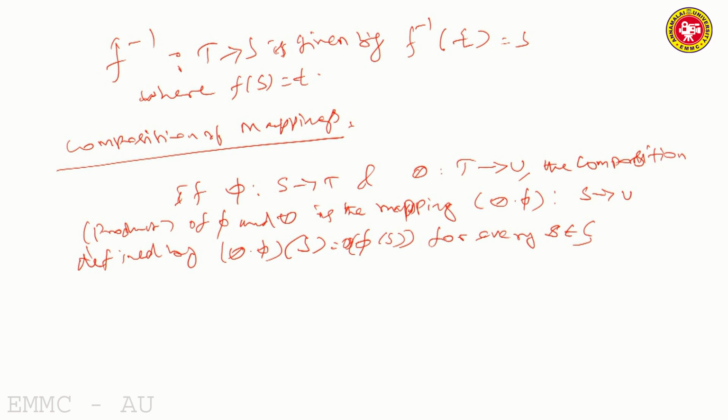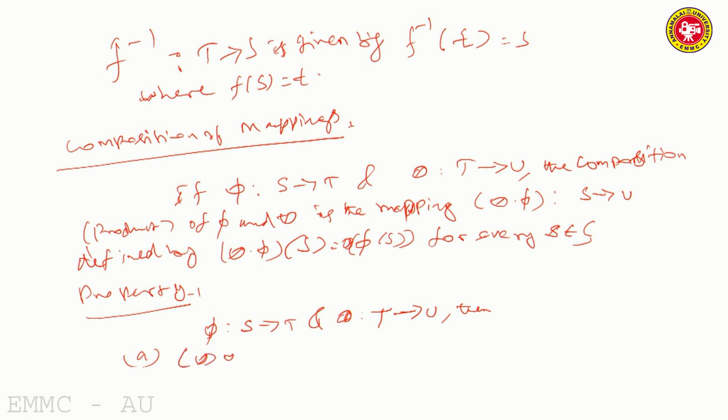We now give some properties. Property 1: phi such that S goes to T and theta such that T goes to U, then we have the following results.